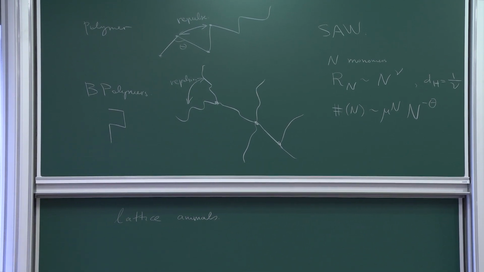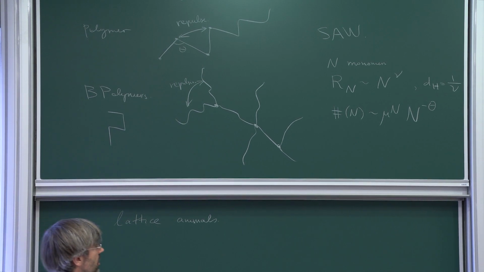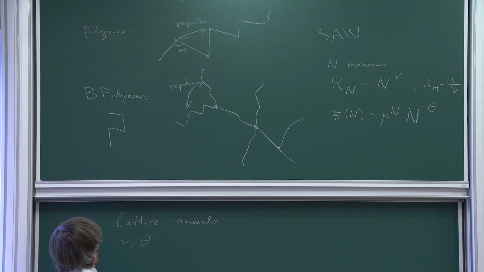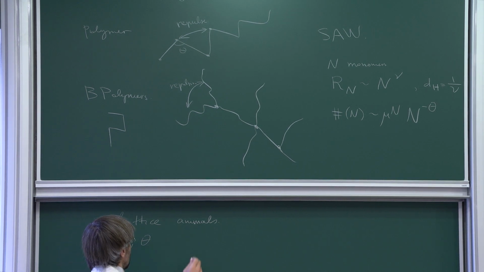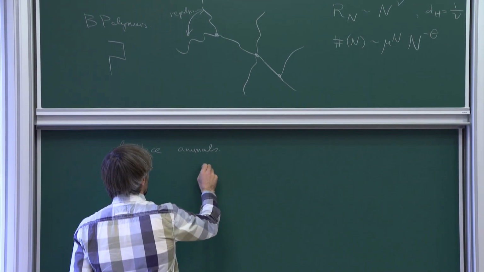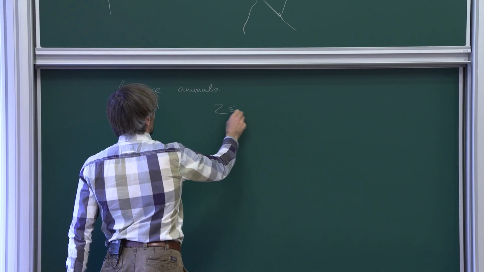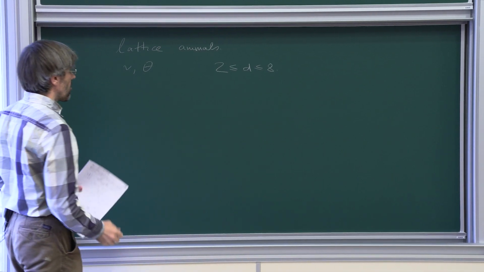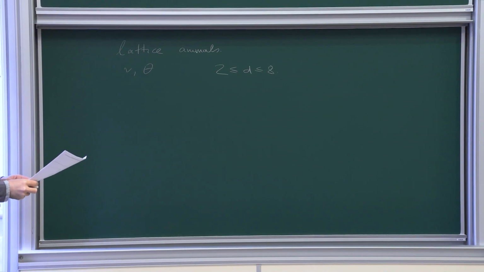People have done it, and there are very good predictions from the lattice of the critical exponents nu and theta for all d. The interesting range of d is from 2 to 8, because 8 is the upper critical dimension of this problem.